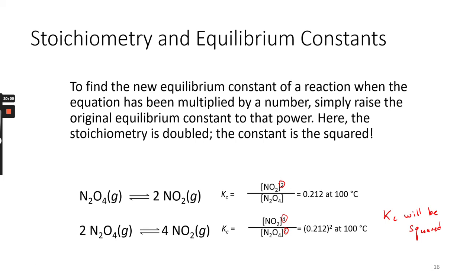So to find the new equilibrium constant of a reaction when the equation has been multiplied by a number, simply raise the original equilibrium constant to that power. Hence, in this example, we're taking Kc squared.